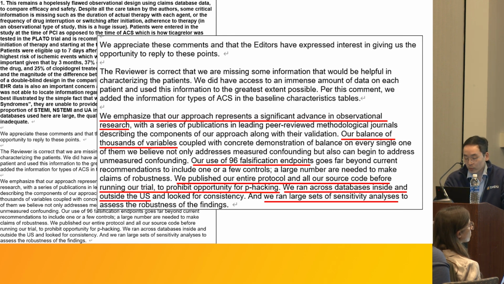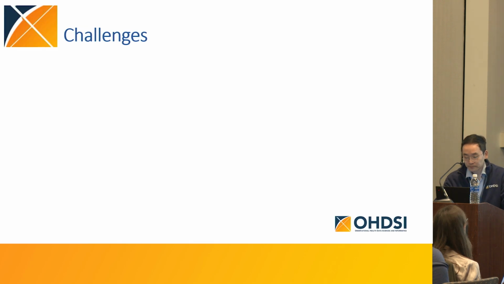We published our entire protocol and all our source code before running our trial. We tried to prevent p-hacking, and we ran across databases inside and outside of the United States, and we ran a large set of sensitivity analyses. That's what you can achieve within an OHDSI network study.